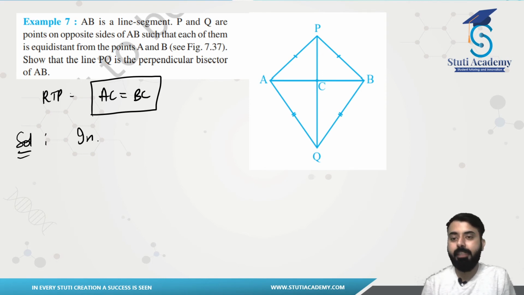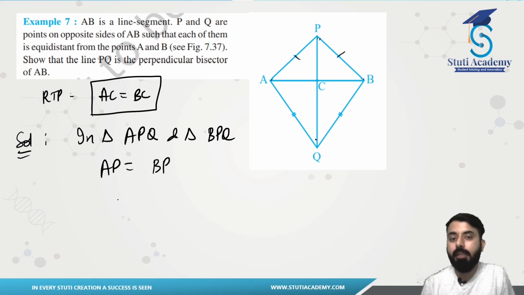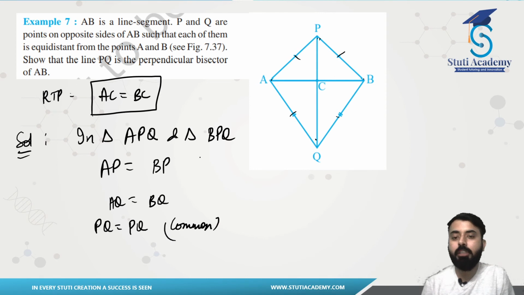You guys see, in triangle APQ and triangle BPQ, AP is equal to BP, and you can see AQ is equal to BQ, and you can see PQ is equal to PQ, which is common, right? This is given, this is also given, and this is common.